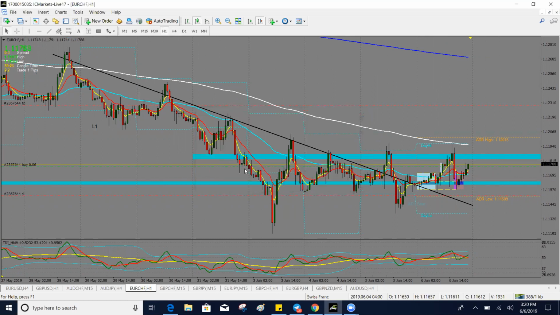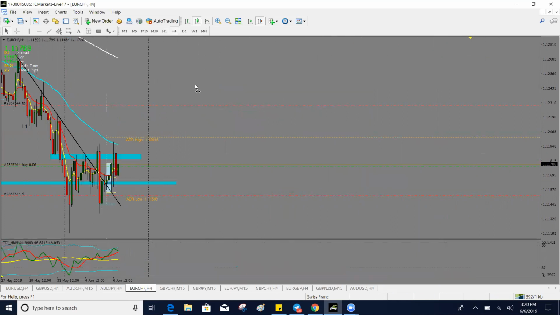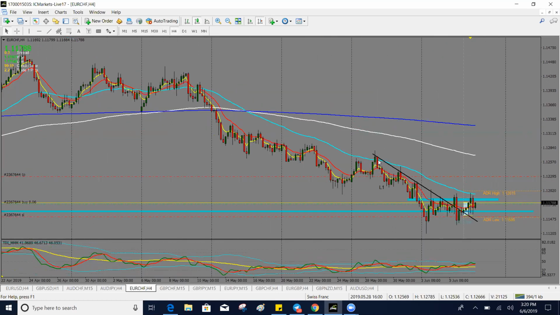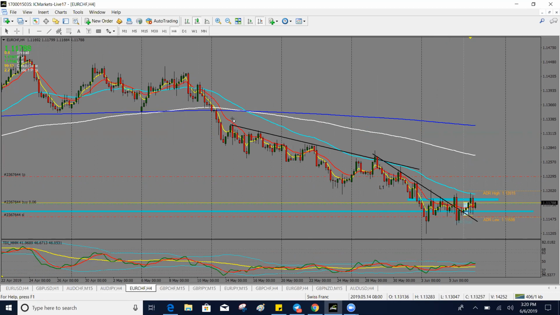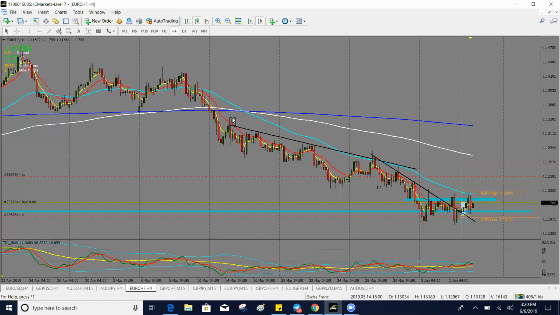Now, one thing I noticed was here, this looks like a peak formation high. Why? When I draw a trend line, you see how this trend line was hit 3 times.